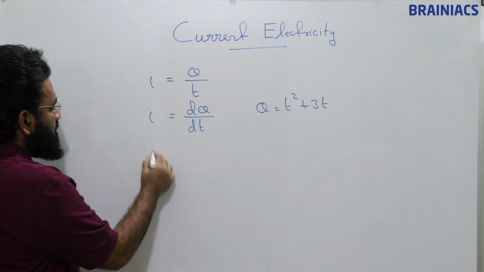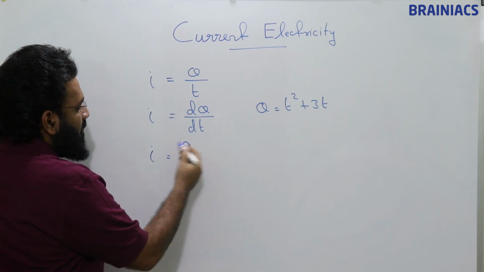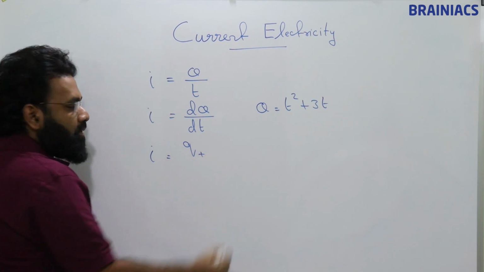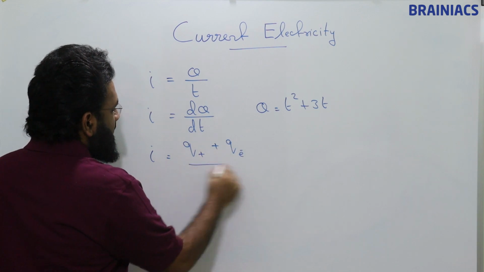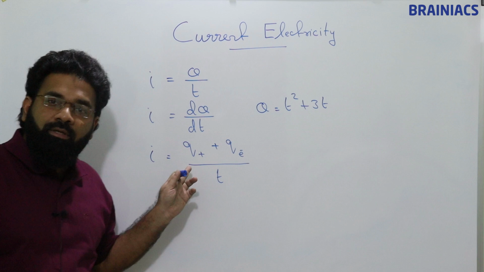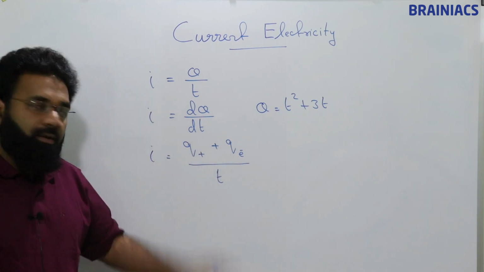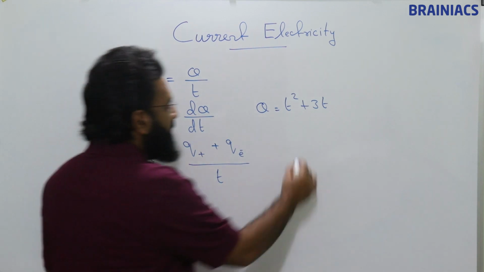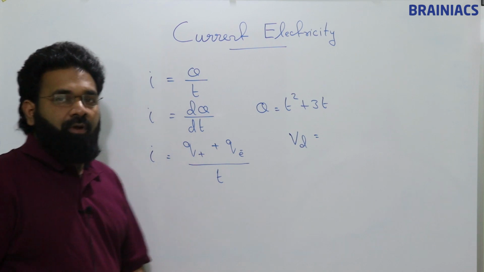Then I is equal to the charge flow due to ions plus charge flow due to electrons divided by t. Based on the direction of movement of charge, we will be putting either plus or minus. We have done that. Then we derived the equation for drift velocity.